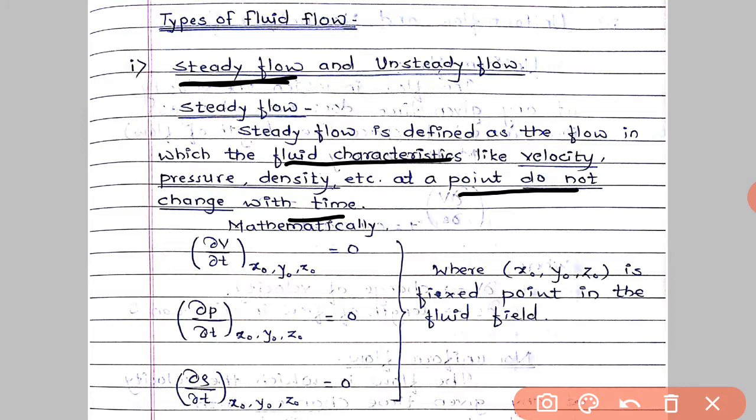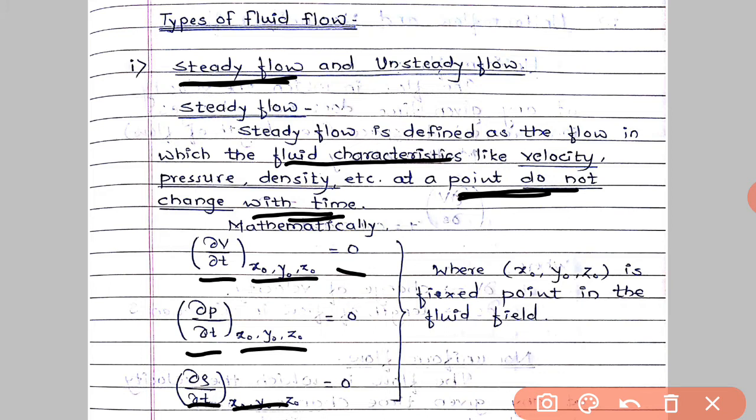So for steady flow, ∂V/∂t at (x0, y0, z0), ∂p/∂t at (x0, y0, z0) and ∂ρ/∂t at (x0, y0, z0) are equal to 0. That is, the derivative of a constant value, since the value does not change with respect to time, is 0.